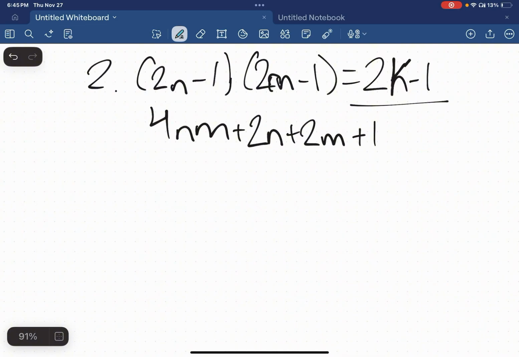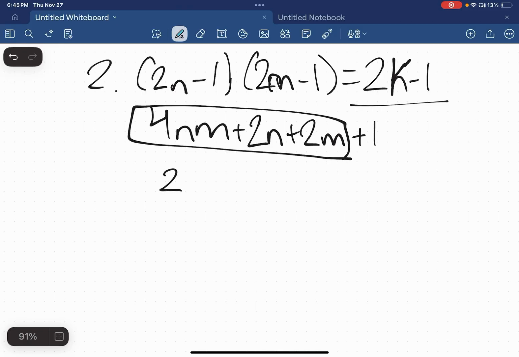And we can actually factor a 2 out from this entire thing. So then we'll get 2 times (2nm plus n plus m) plus 1.